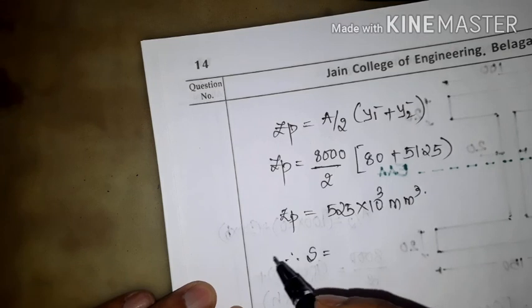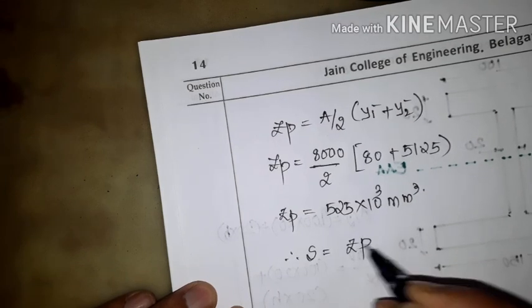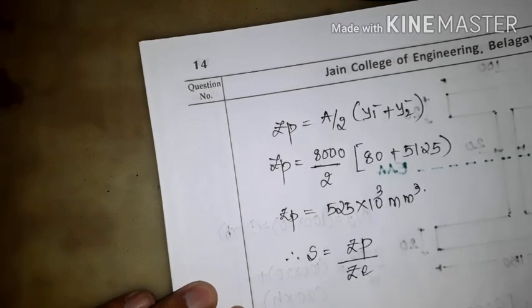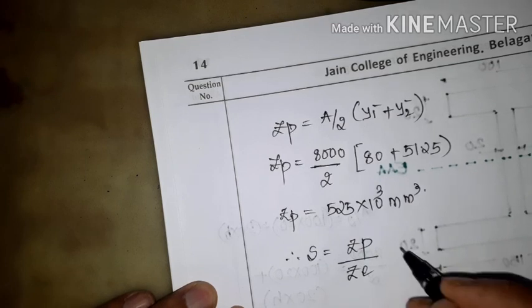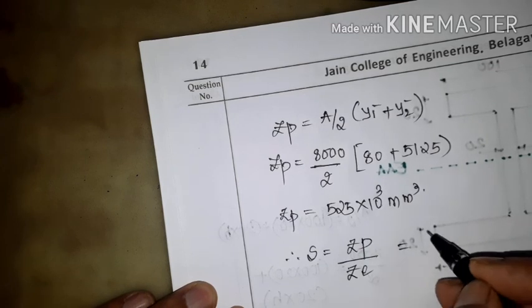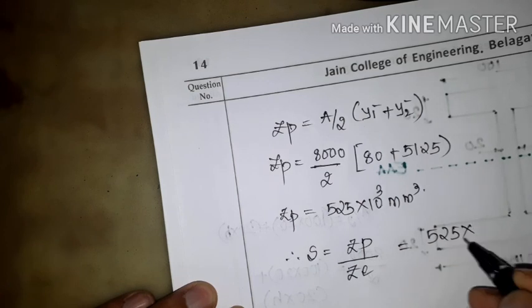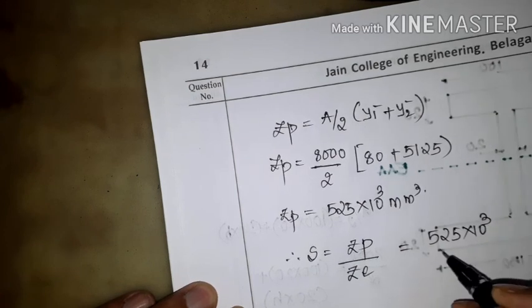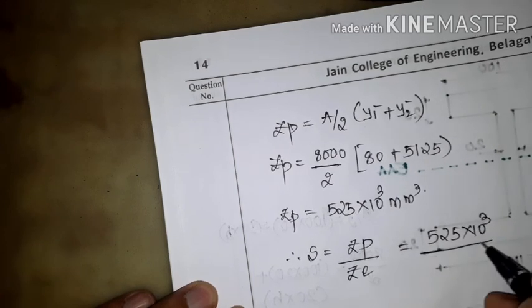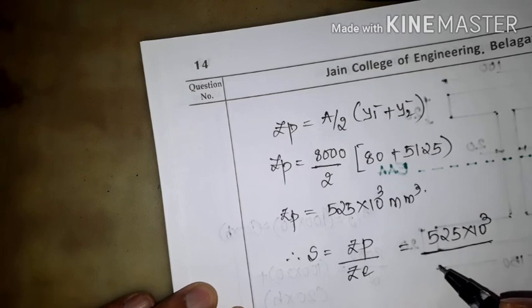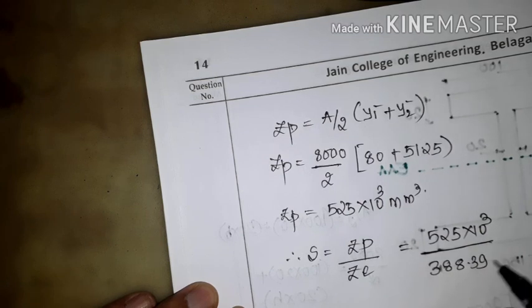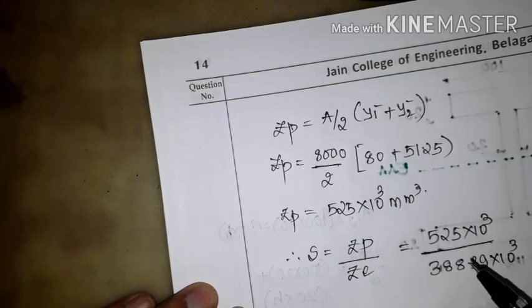Therefore, shape factor is equal to ZP by ZE. We got ZP as 525 into 10 raised to 3, divided by ZE, which we have got as 388.39 into 10 raised to 3.